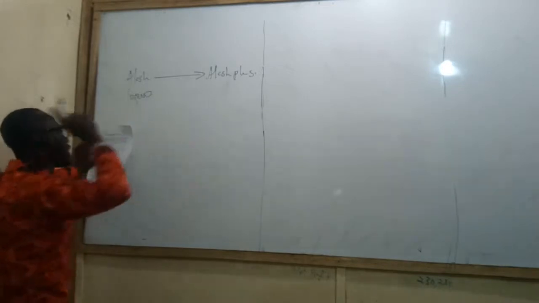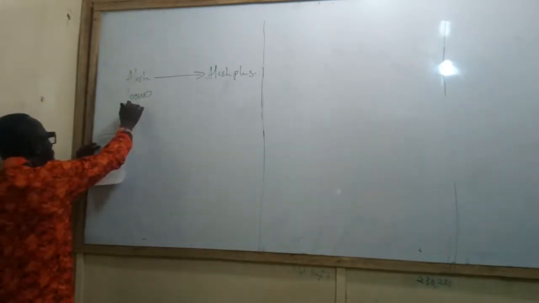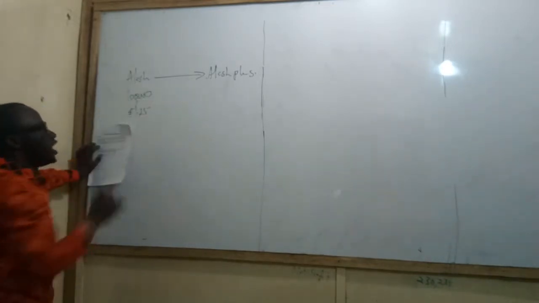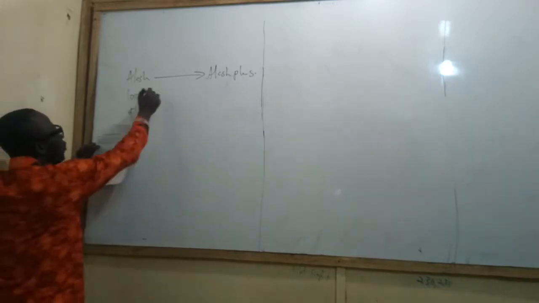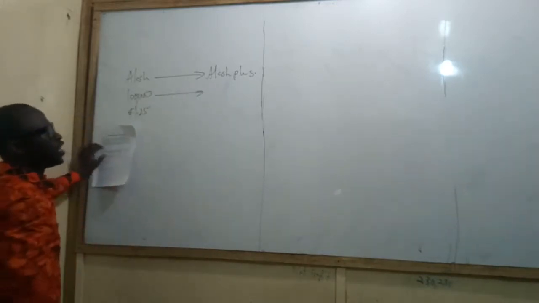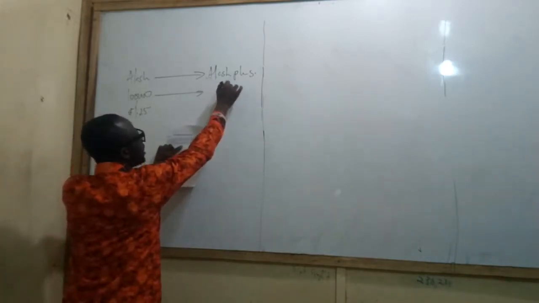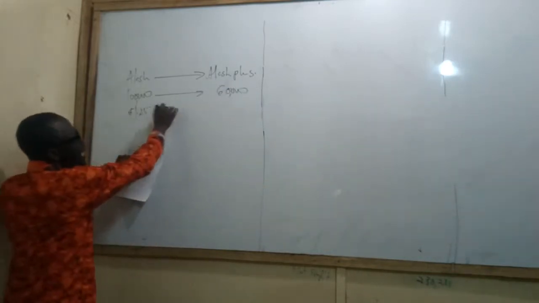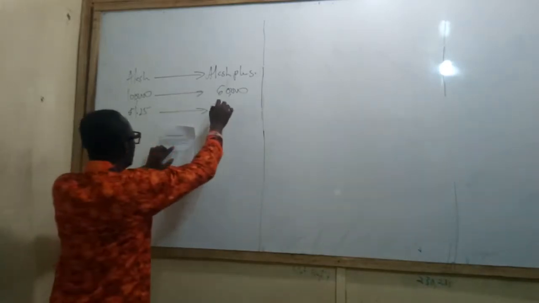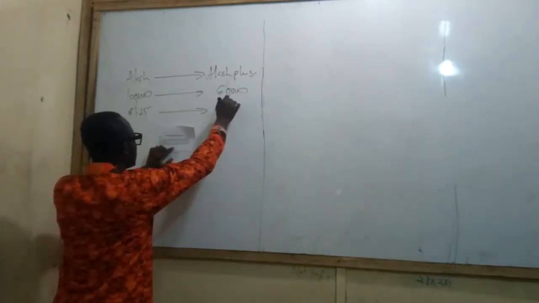At that stage, we can sell it for $1.25. When it is further processed, we will get Alas Plus of how much? 60,000 units, and it can now be sold for 3.25.